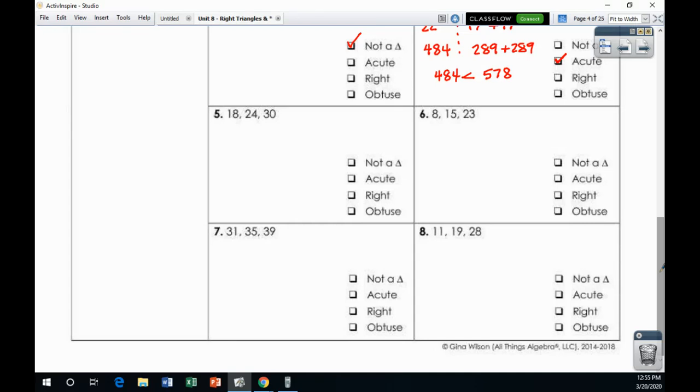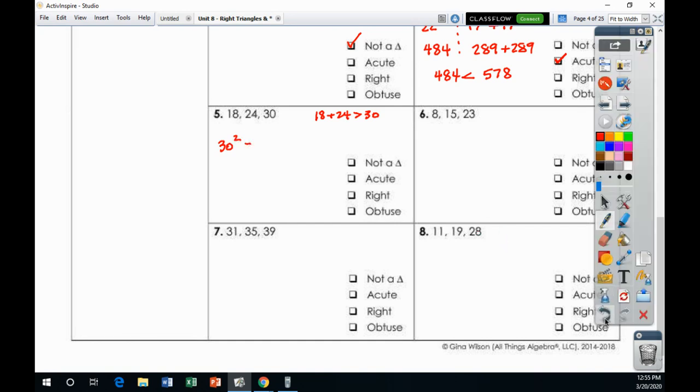All right, number 5. I hope you're getting the hang of this. 18 plus 24 is definitely bigger than 30, so we got ourselves a triangle. So 30 squared, and I keep wanting to say equals because I'm used to writing the Pythagorean theorem. So 30 squared, and over here, 18 squared plus 24 squared. We're just comparing these, not saying they're equal.